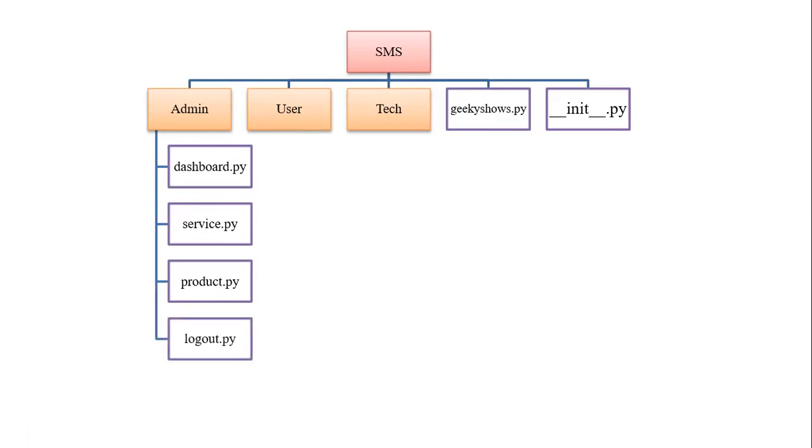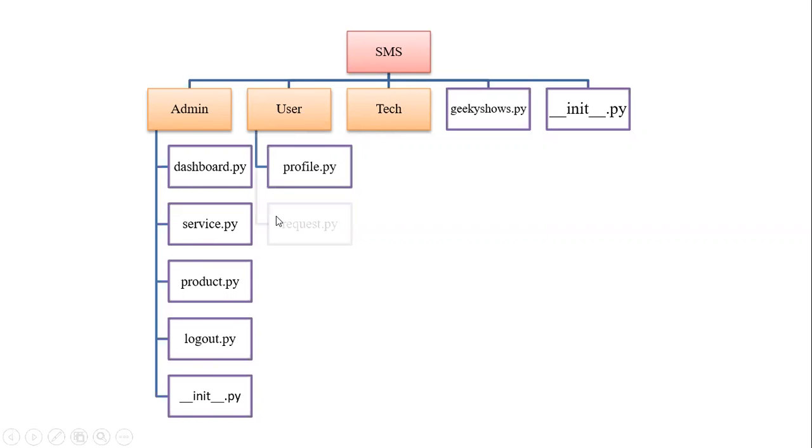So this is the simple project, right? Just try to understand only the concept of package. What is a package, how to create a package, and how to access a package in the program, right? So this is the first sub package inside the SMS root directory or the package, which contains Python files, right?